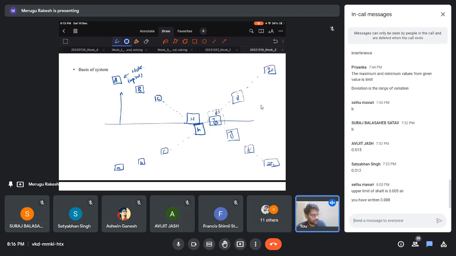Okay, this is the diagram. No need to remember it, but from this diagram we can easily come to know the following. From A to H, or for the shaft from A to C, or before this if I take Z, this category and this category always have a clearance fit.